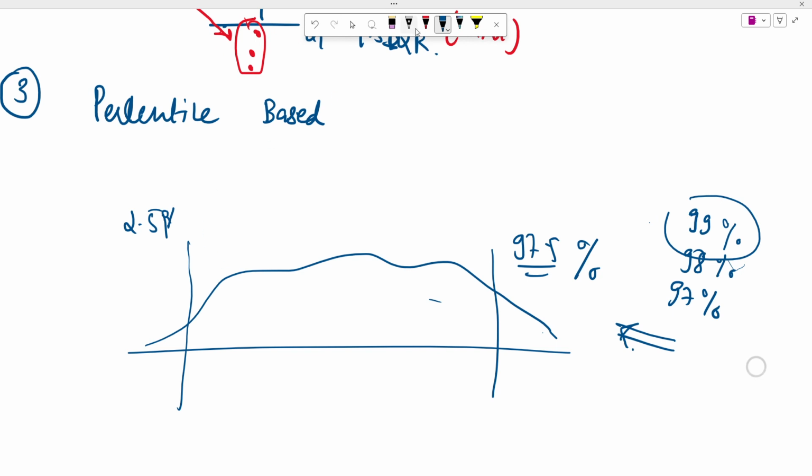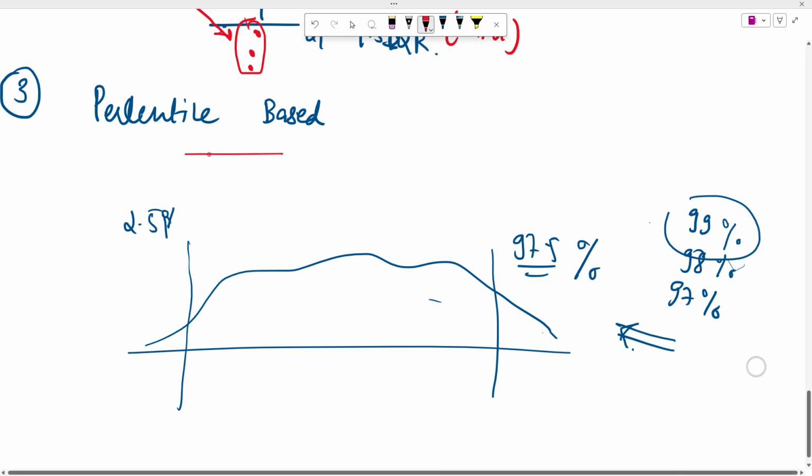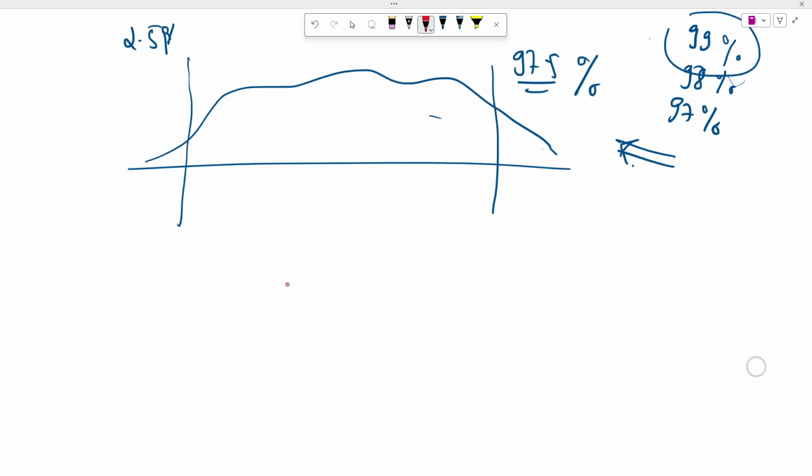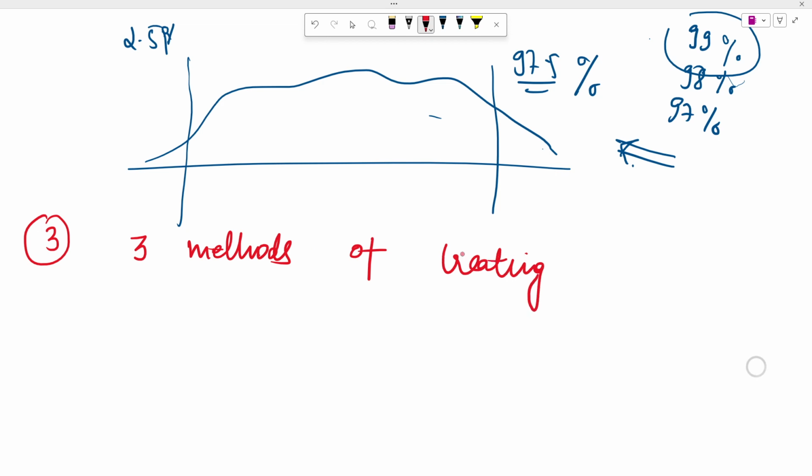Once we have identified whether outliers exist using these three methods, we have three methods of treating outliers, right? We have the method of trimming.